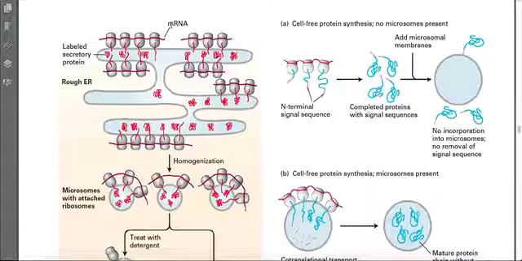You can see there is an mRNA on a ribosome on the ER lumen, but essentially the proteins are labeled. How are the proteins labeled? Obviously with amino acids. Which amino acid?